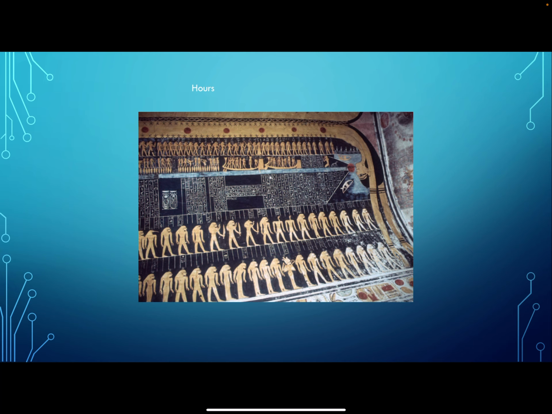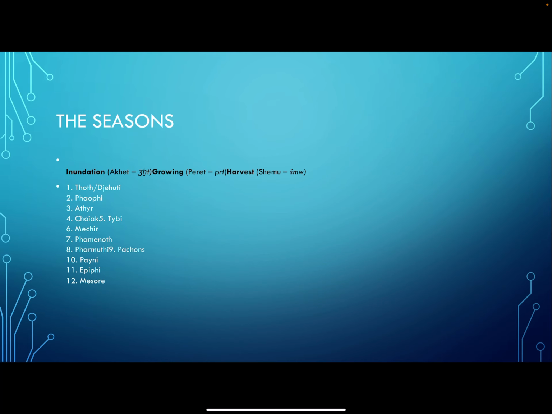Sorry. And then this is an image I found on one of the websites depicting the accounting of the hours in a day, and it has the hieroglyphics. And so there were 3 seasons: the inundation, growing, and the harvest. So we have the Thoth, the Phaeophi. Sorry if I mispronounce most of these.